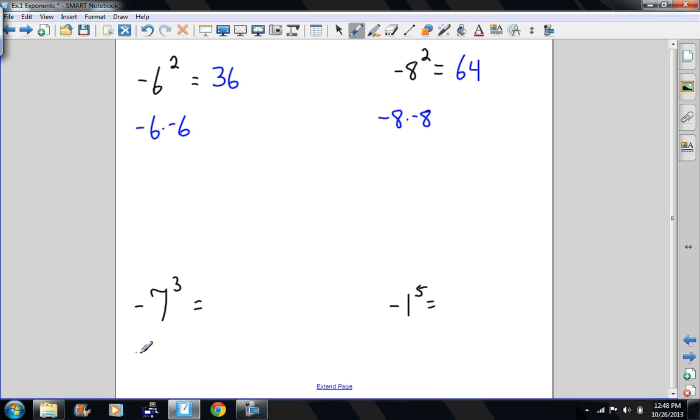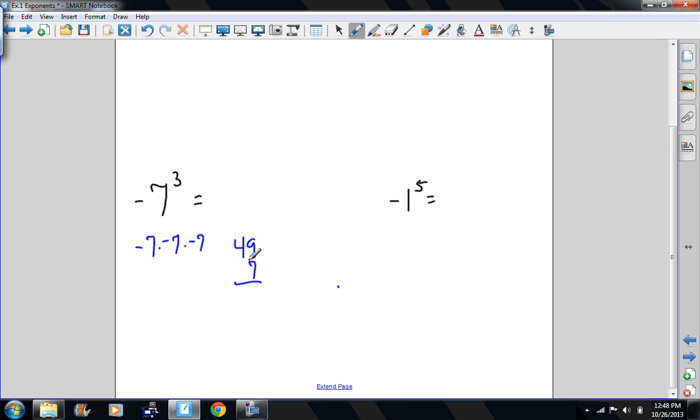Negative 7 cubed, well, that's negative 7 times negative 7 times negative 7. 2 negatives makes a positive, but a third would make it back to a negative. Well, that's 49 times 7. Should probably slide down a little bit here. 49 times 7, that's 343, but a negative 343.